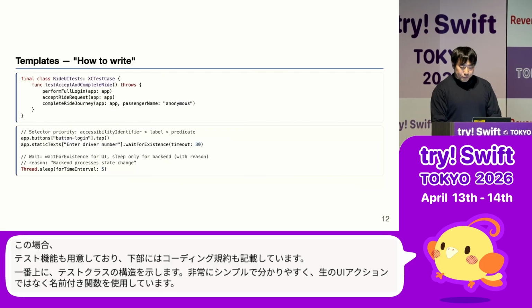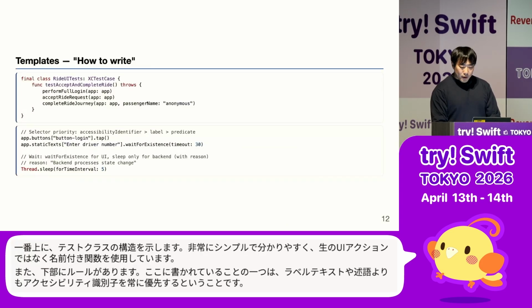And also, we have rules at the bottom. One thing written here is to always prefer accessibility identifiers rather than raw label text or predicates.